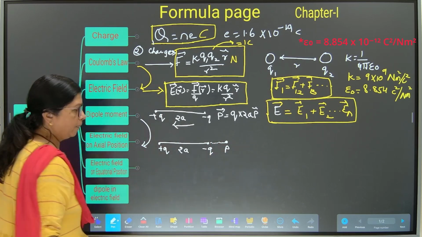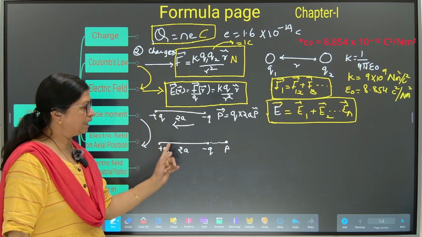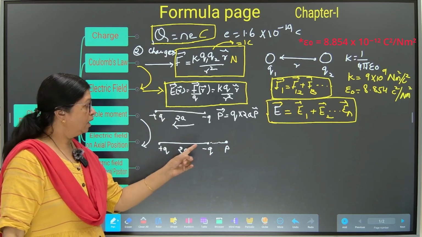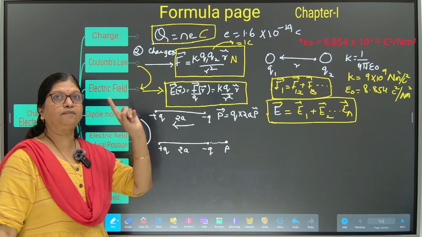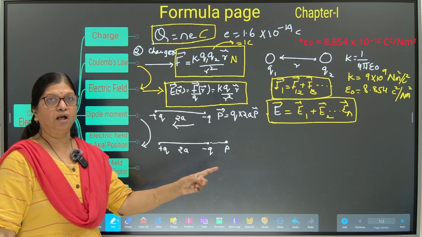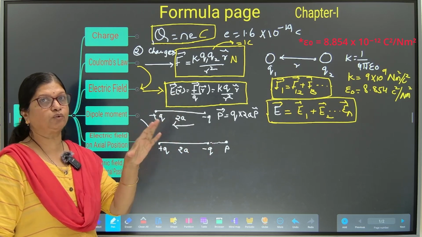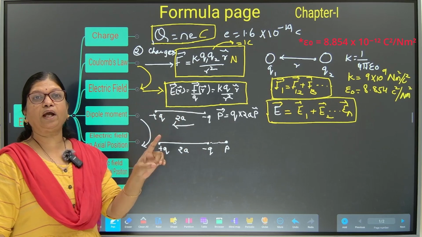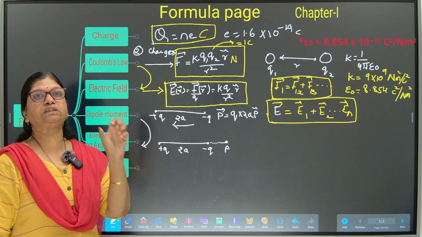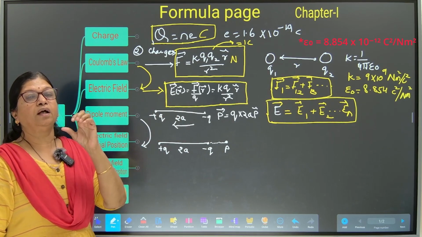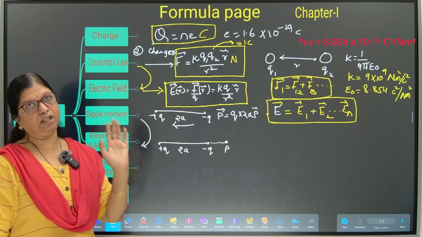P is here. So this is our dipole, the same dipole I have drawn, but I want to find out the electric field at the point P. Axial point this is called, because this point P is on the axis of the dipole. I want to find out its electric field at that point.